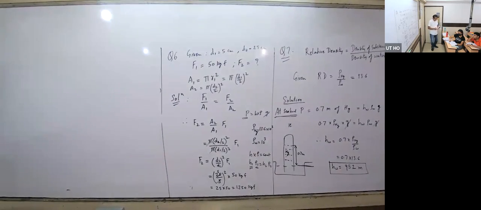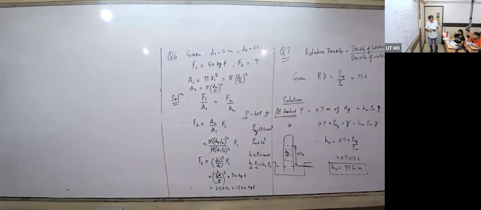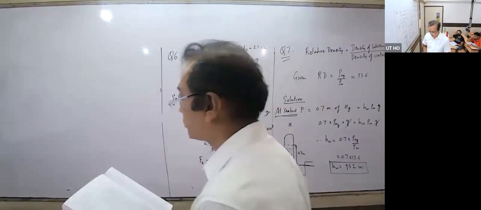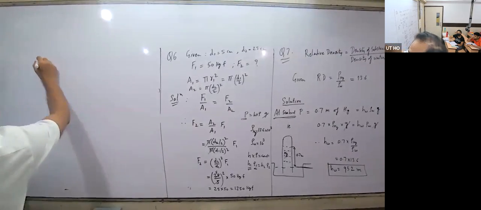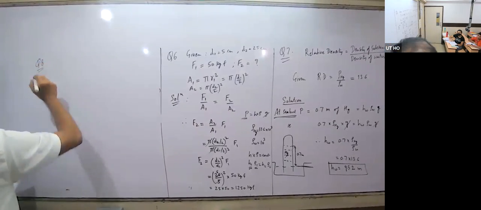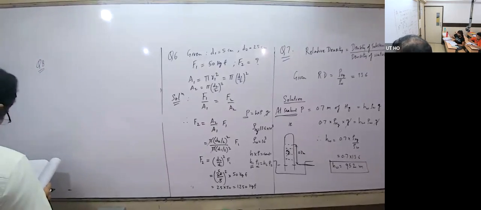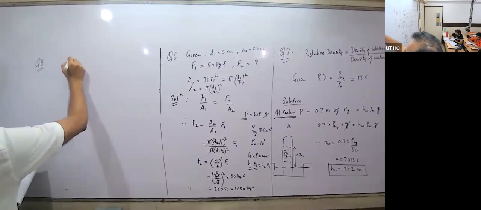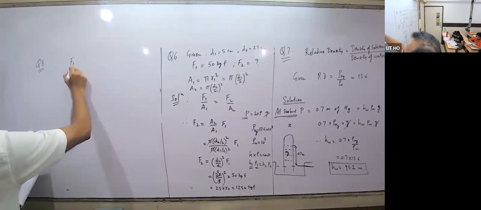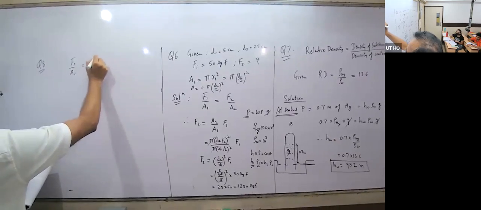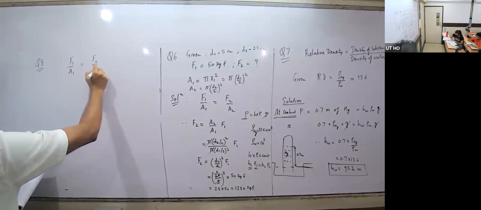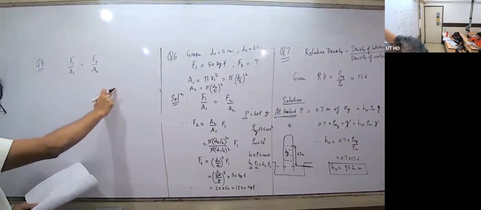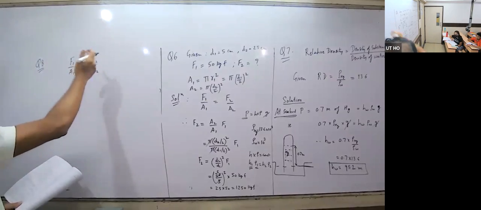Here will be the last question. Again, it's a hydraulic machine based question. In a hydraulic machine, a force of 2 newtons. For a hydraulic machine, F1 upon A1 is equal to F2 upon A2. This is a small piston, this is a bigger piston. By Pascal's law, since P1 is equal to P2, we get this.